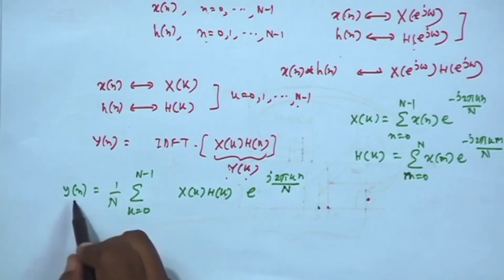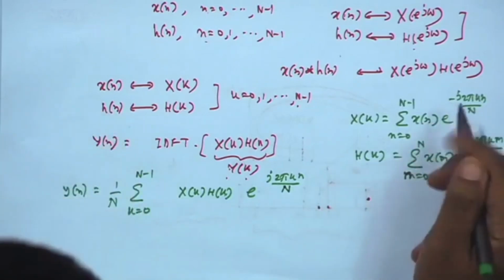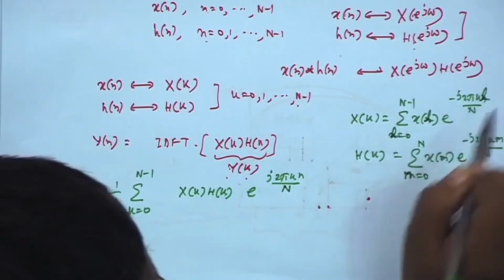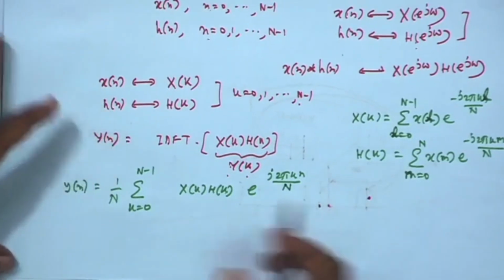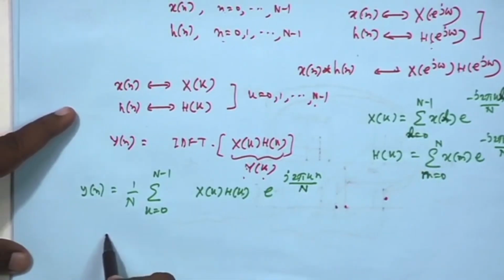Since small n is used here, let me change this index also from here. Let me call it L, because n is used up here, so I cannot use another n there. Now, capital X k replaced by this, h k replaced by this.